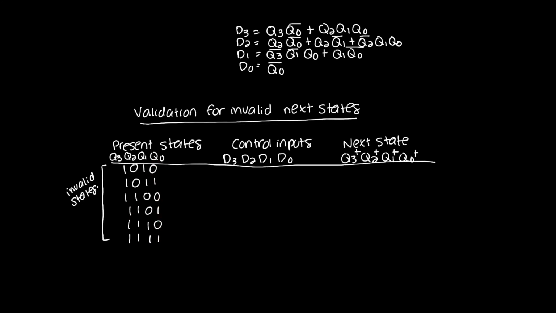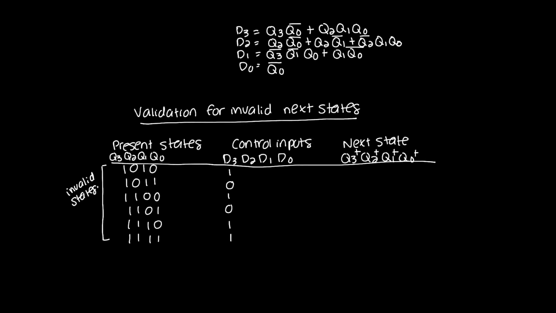It's low here and here and here. And so D3 is going to be high under those circumstances, but I also have to take into account this second product term. It's also going to be high when all of Q2, Q1, and Q0 are high at the same time, and that only occurs down here. So I'm going to put a 1 there, and in all other circumstances, it's 0.